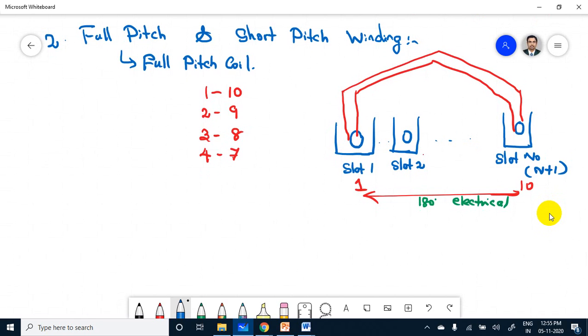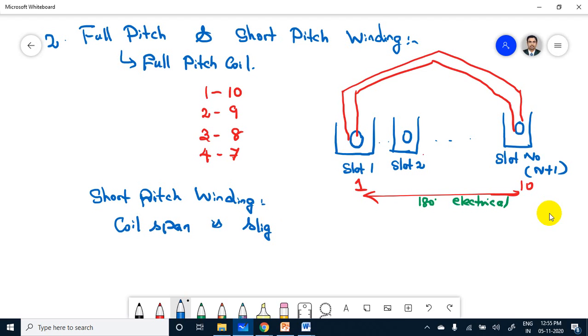Next one we'll call short pitch winding. Short pitch winding is nothing but a coil span slightly less than pole pitch.